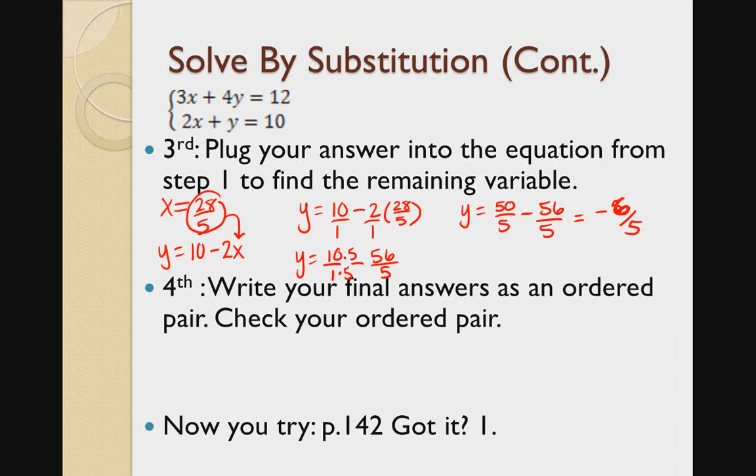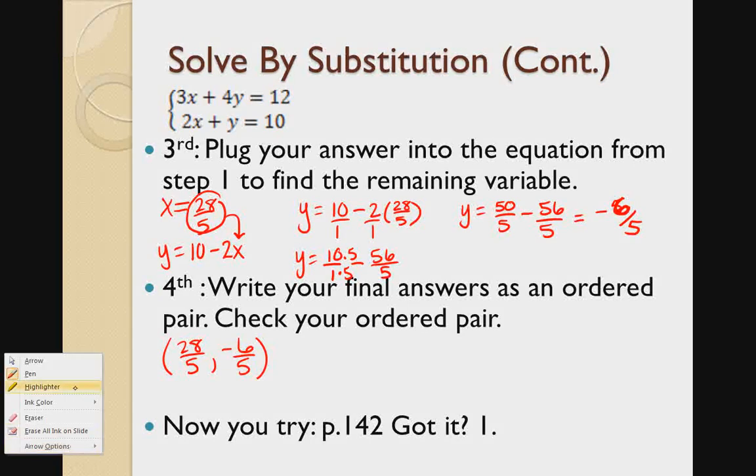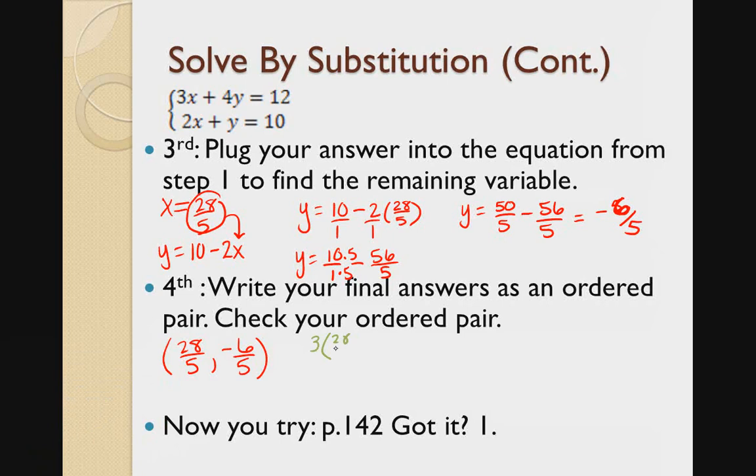Write your final answer as an ordered pair and check your ordered pair. So our final ordered pair, we would take 28 over 5, comma, negative 6 over 5. To check it, I would plug it back into the equations from the original problem. So we could do 3 times 28 over 5 plus 4 times negative 6 over 5, and we want it to equal 12.